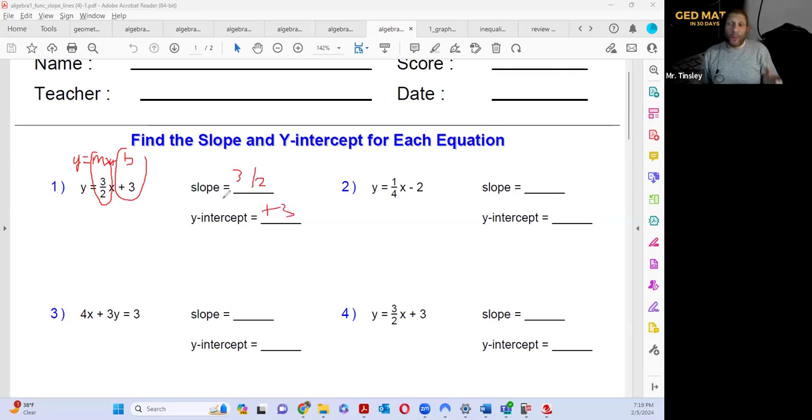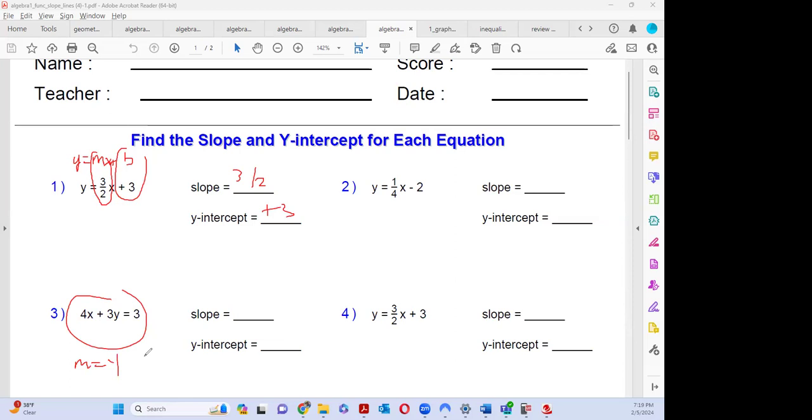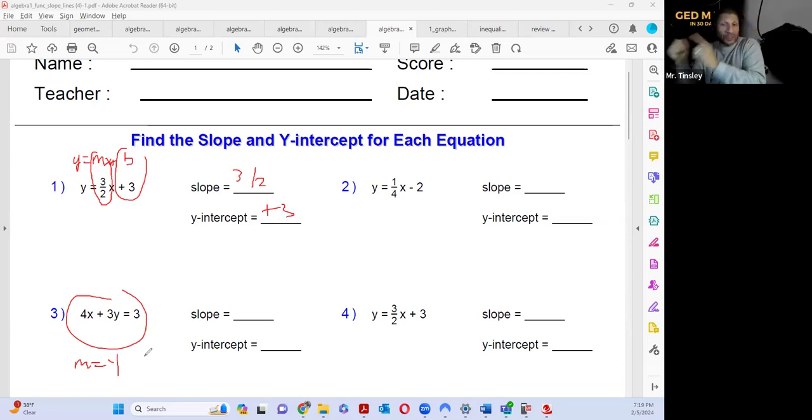What people do is they look at a problem like this and say, oh, what's in front of the x? Oh, the slope is 4. No, that's not in front. The slope was in front of x only for slope-intercept form.